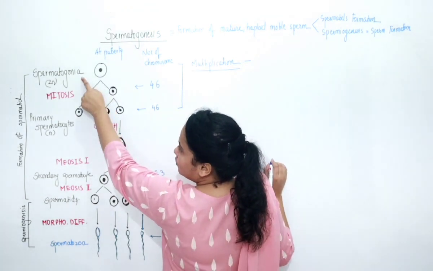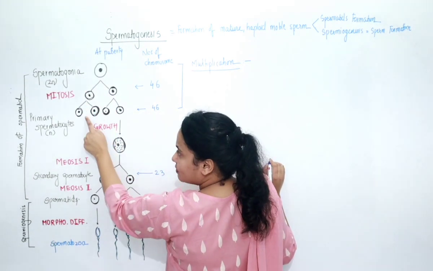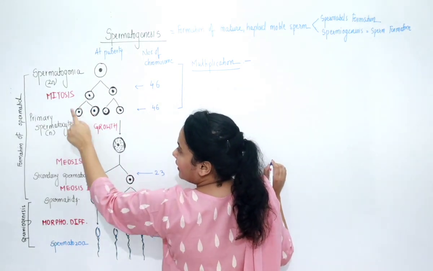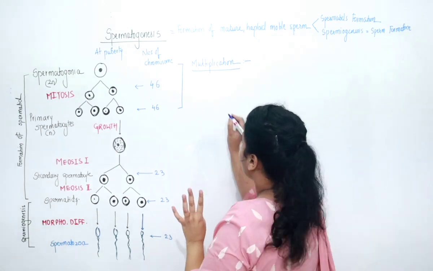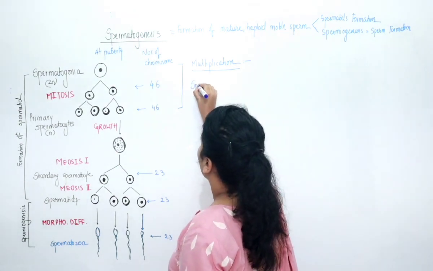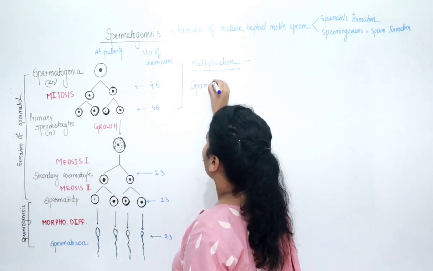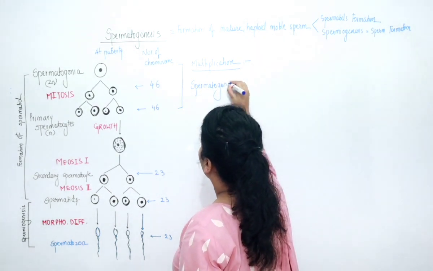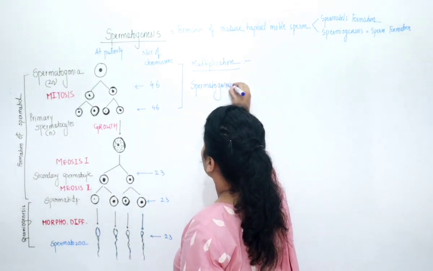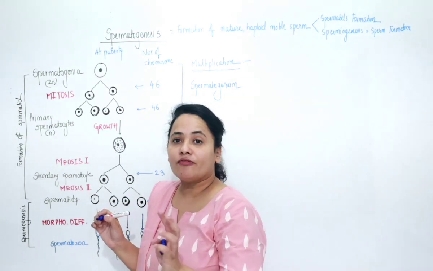The spermatogonia divide mitotically and form primary spermatocytes. So over here, spermatogonium is a cell which has been derived from the seminiferous tubules.